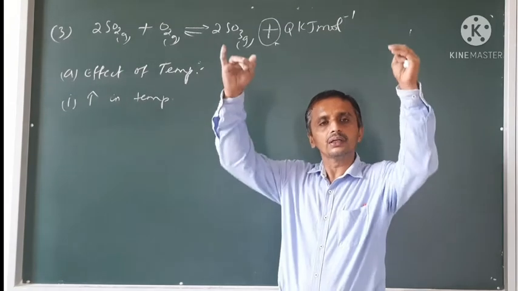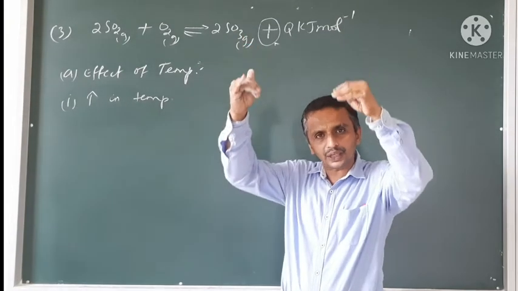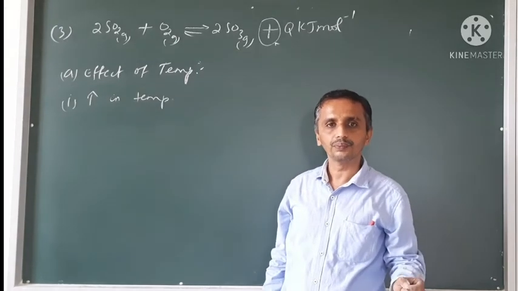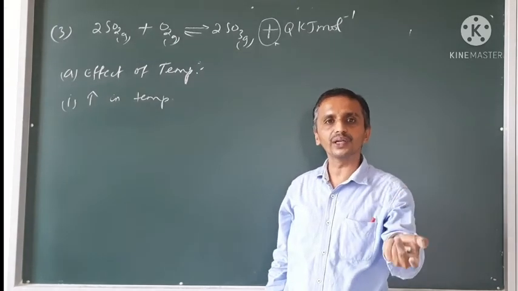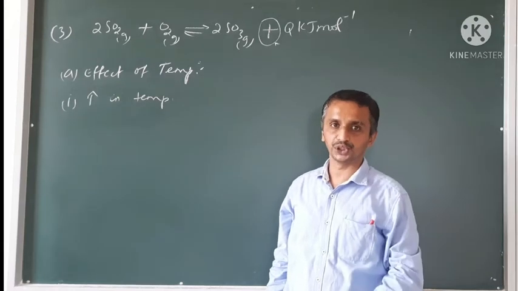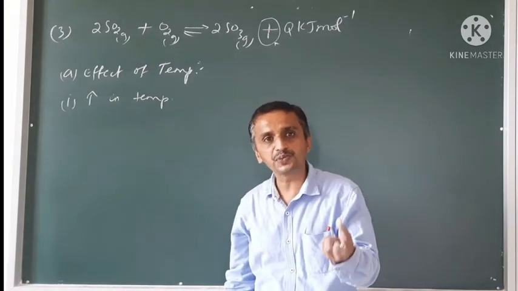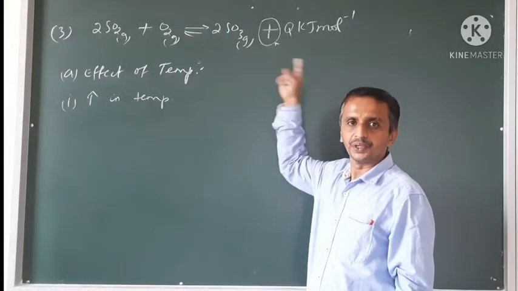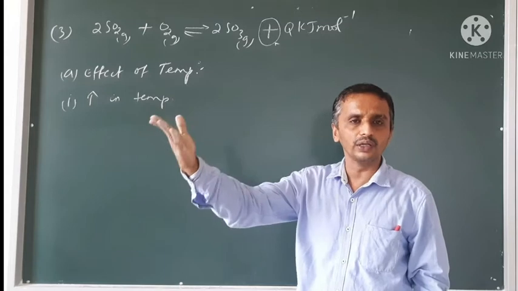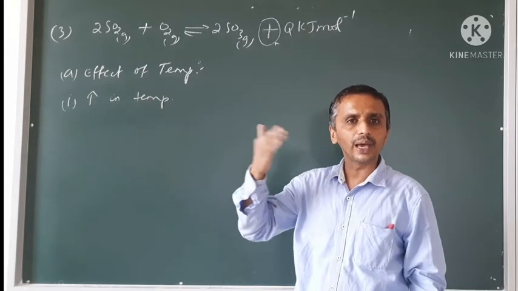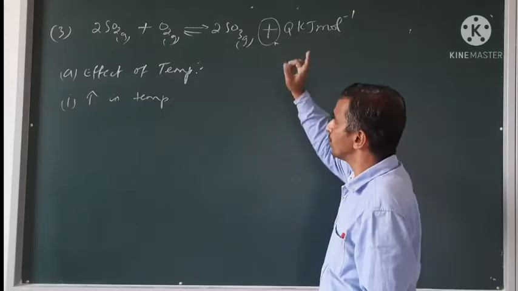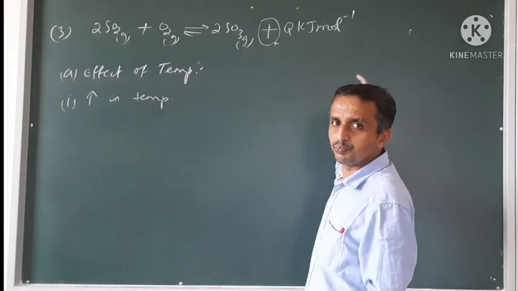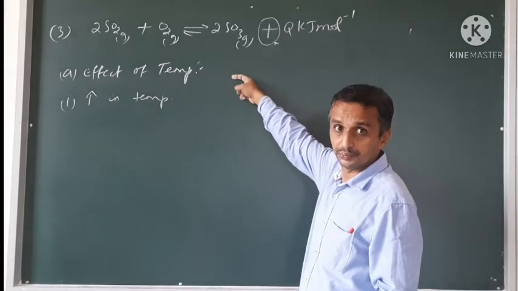The reaction tries to bring down that temperature. But how? By favoring the absorption of the heat. Already I mentioned, if the forward heat is evolved, then the backward heat will be absorbed. So in this reaction, forward heat is evolved, backward heat is absorbed.